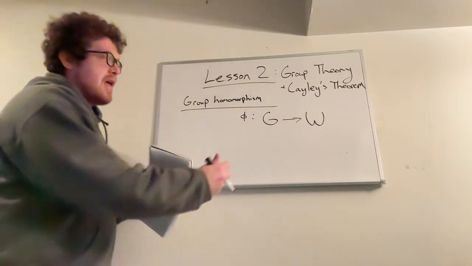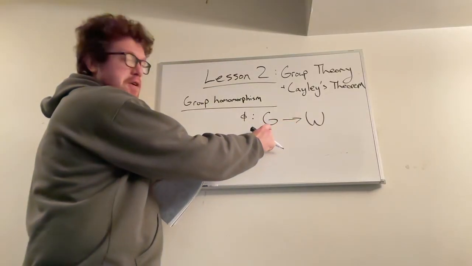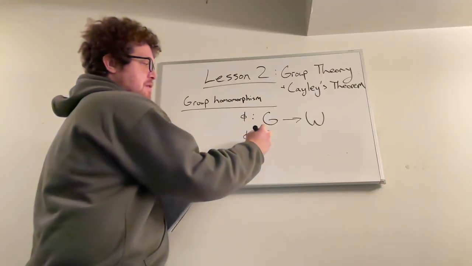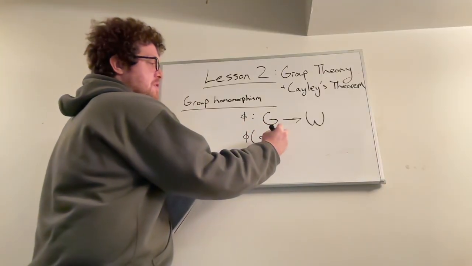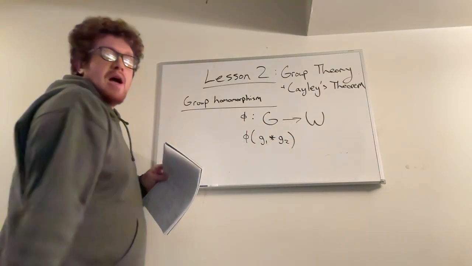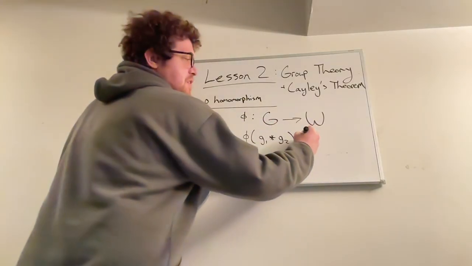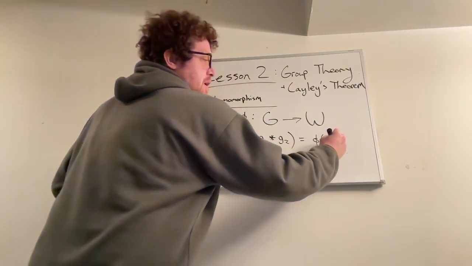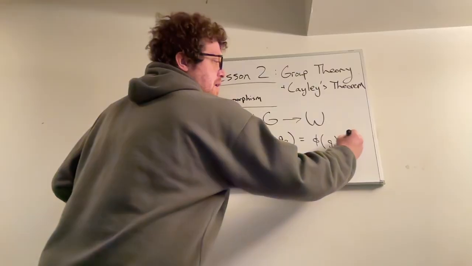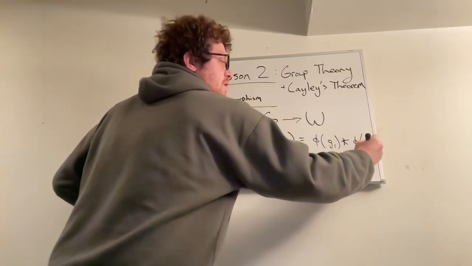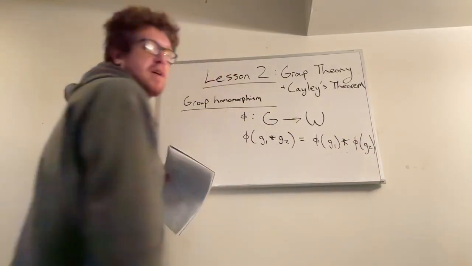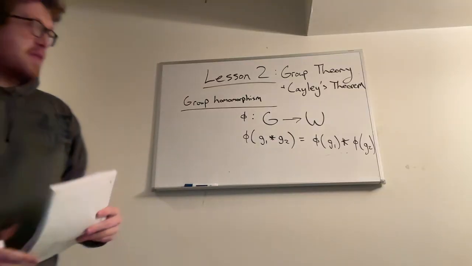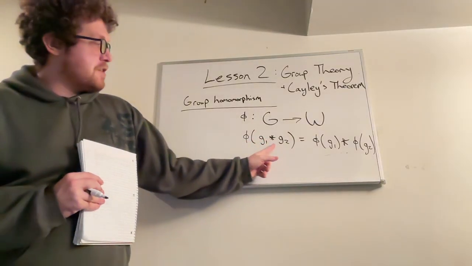Meaning that if I multiply things in G first, phi of g1 times g2, let's say, and then I map it through the function, it should be the same thing as if I map the individual elements first and then do the product, kind of like on the way out after I've mapped them. So do the product first, map it.